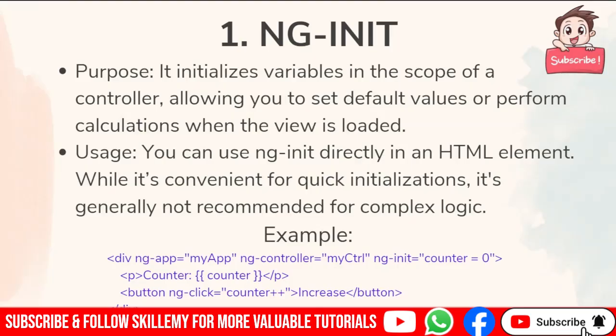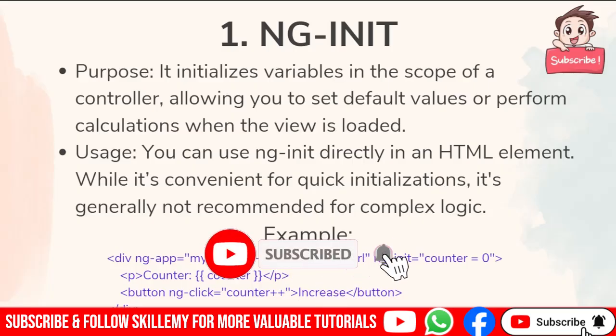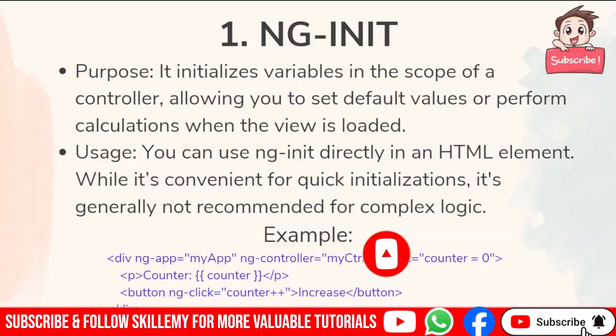The purpose of it is to initialize variables in the scope of controller, allowing you to set default values or perform calculations when the view is loaded. Usage. You can use ng-init directly in an HTML element. While it's convenient for quick initializations, it's generally not recommended for complex logic.